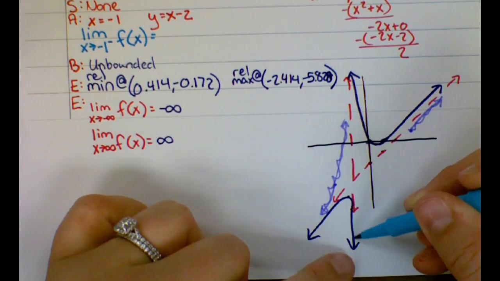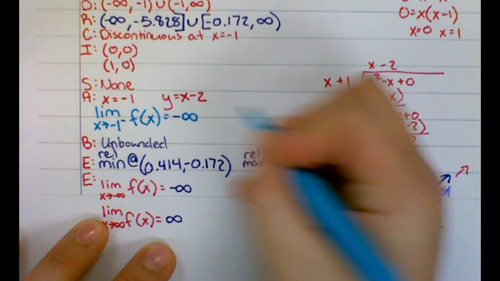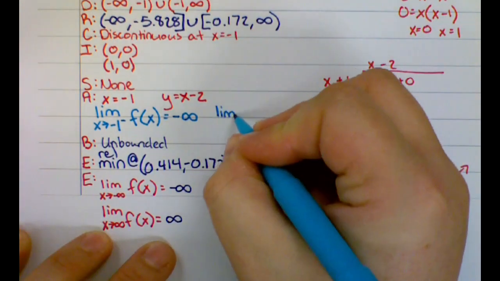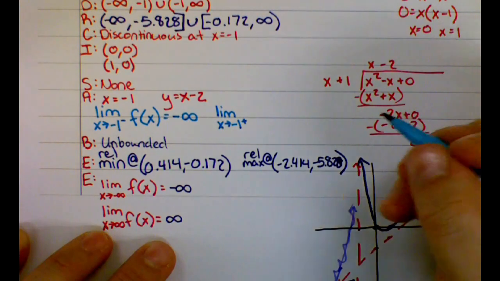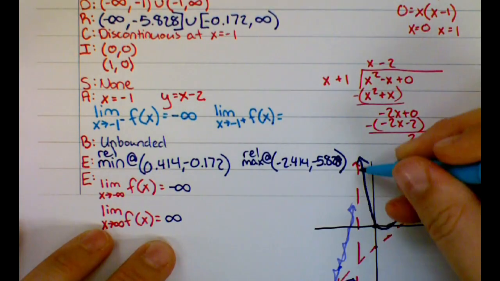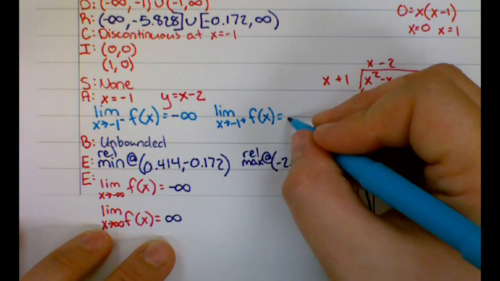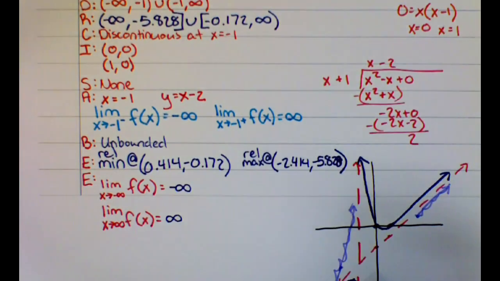Well, from the left, that piece of the graph goes down forever, so that is negative infinity. Then we also need the limit as x approaches negative 1 with a little plus. That means from the right side. So as I come in from the right side, it goes up forever. That's positive infinity. So realize these are just talking about those two different parts of the graph.